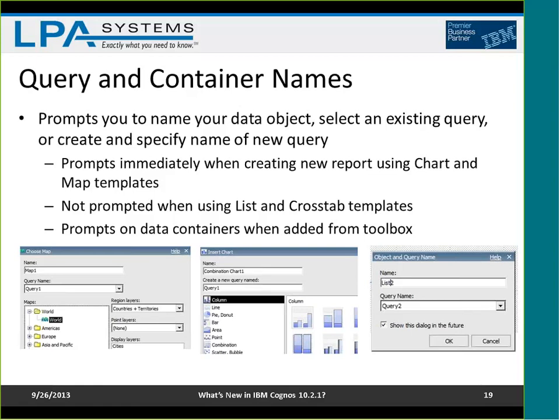And regardless of what report template I use to start, anytime I add a new data container from the toolbox, it prompts me. So it's a great add and a very helpful thing to remember to keep my Workspace users in mind, and also to name my queries something other than query 1 through n, to help with query reuse, debugging, and modifying.